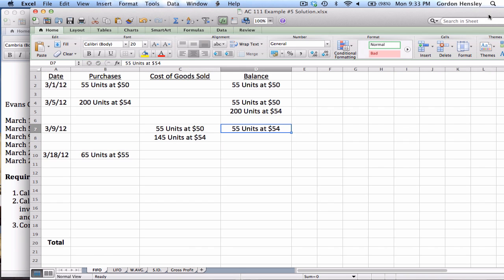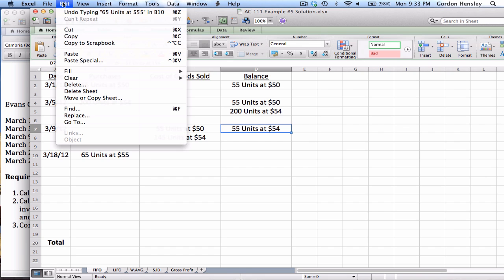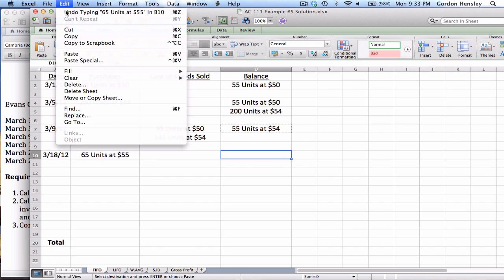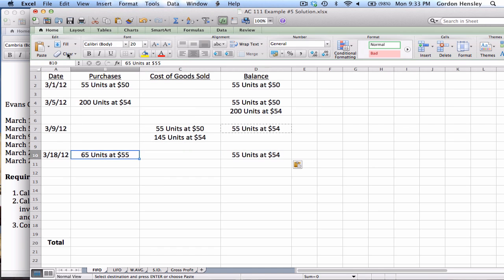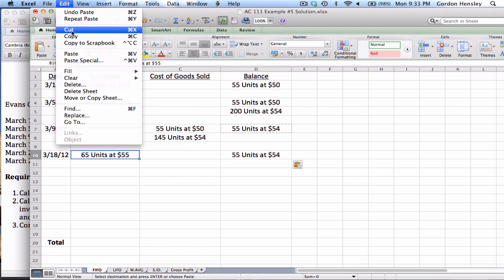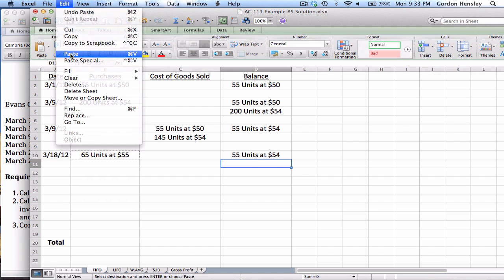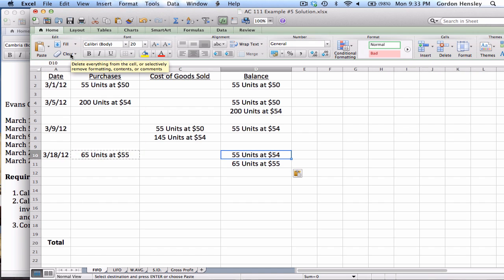So what I'm going to have is that layer that I had left over from before. Still going to have that one. And in addition to that, this additional layer. So now I'm going to have, again, 2 layers of inventory: 55 units at $54 and the additional 65 units at $55.